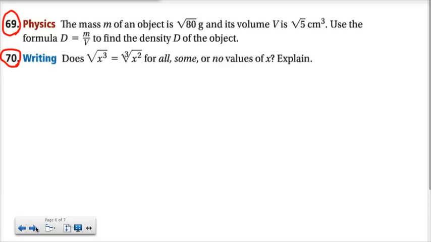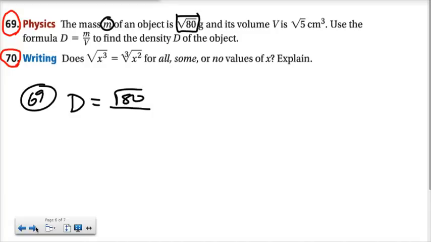Now, I think there was one more. Oh, two more. 69 says the mass M of an object is square root of 80 grams, and its volume V is the square root of 5 cubic centimeters. Use the formula D equals M over V to find the density D of the object. So, again, this is all about keeping track of what goes in for what. Mass, right there, square root of 80.